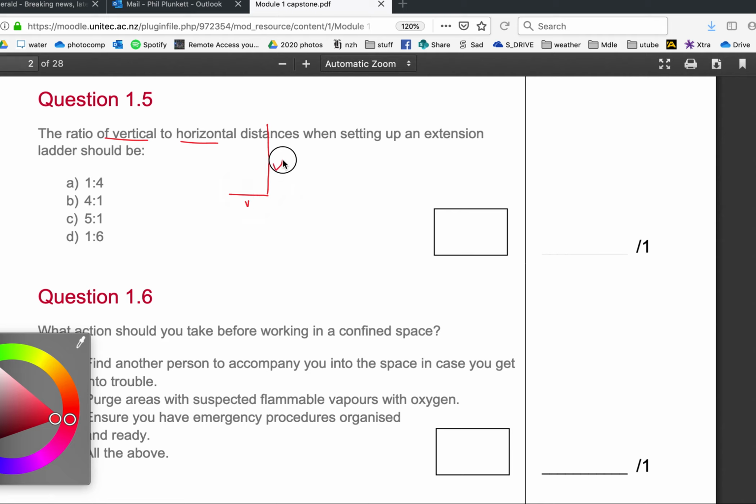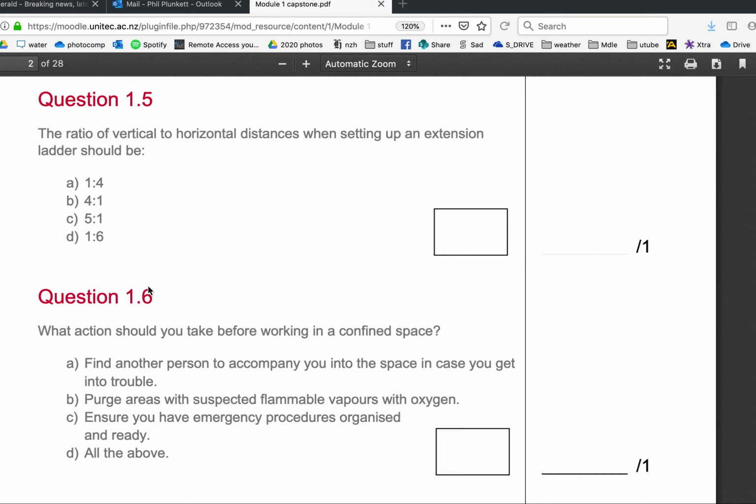Vertical to horizontal. Okay, that's better. Right. So we want our ladder kind of like this. We don't want our ladder like that. So a vertical is going to be larger than a horizontal. And it's always 4 to 1 or 1 to 4 depending on which way you're around. But they said here vertical to horizontal.